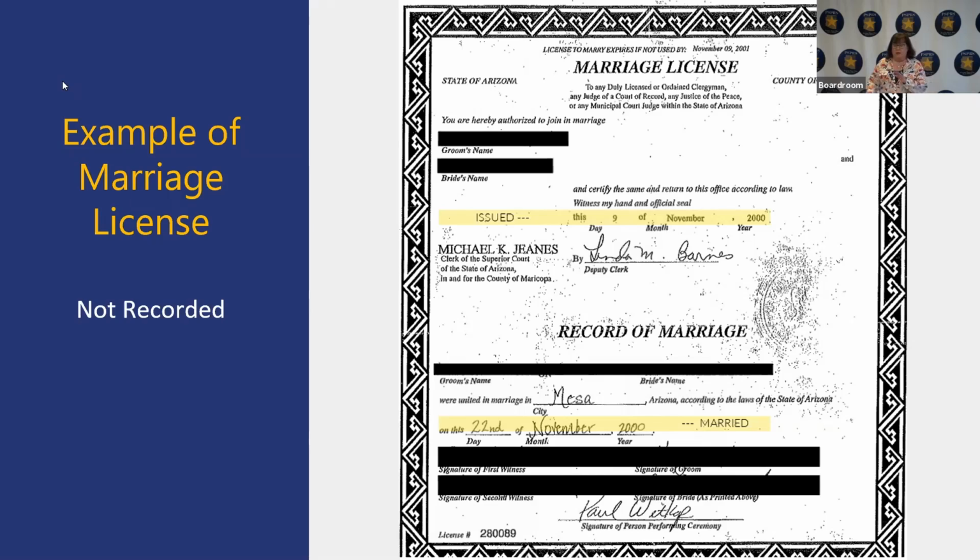So while this document looks really nice, if this is what we have on file when the primary member passes away, it will hold up the pension being paid to the survivor because we don't have a copy of a recorded marriage certificate. So we'd rather not do that, but it will hold it up.